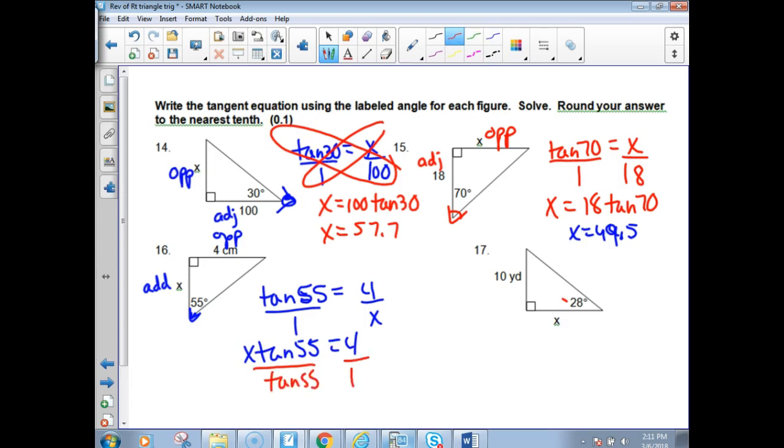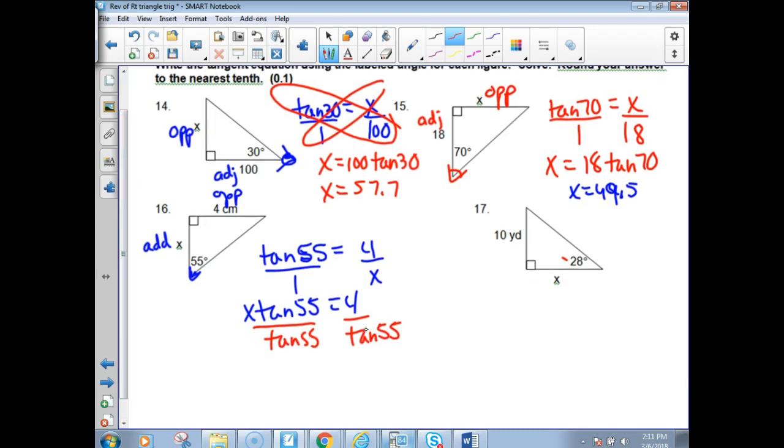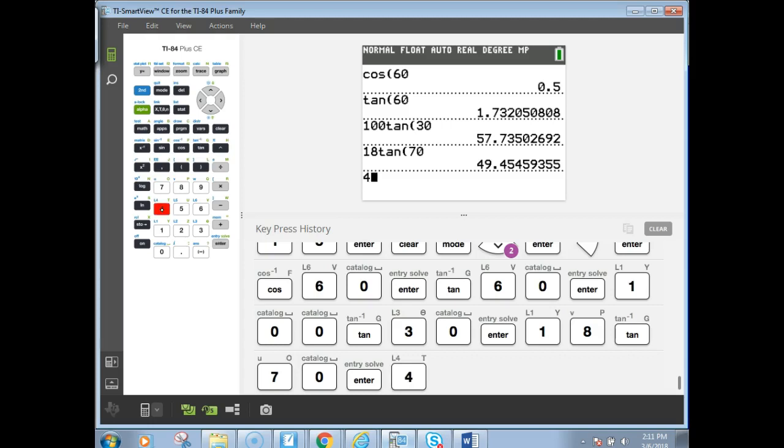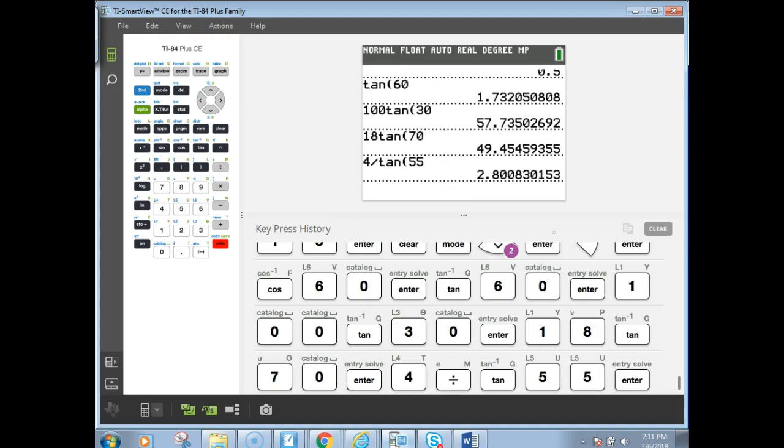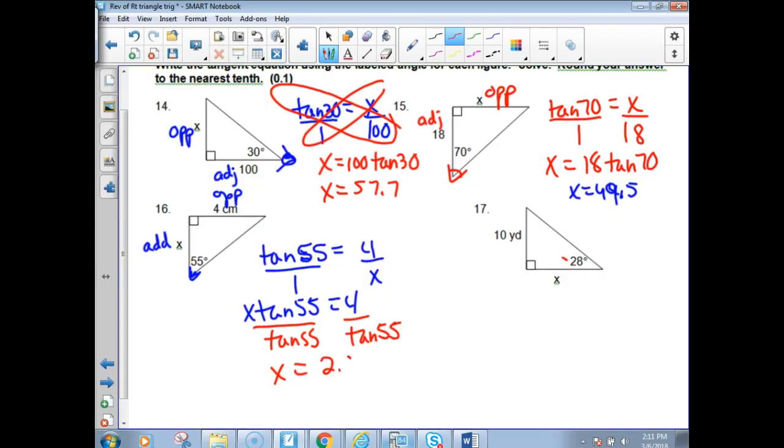I won't write it like this every time, but I am right now. So type 4 divided by tan 55, and you should have 2.8. That should be in centimeters since that one's labeled.